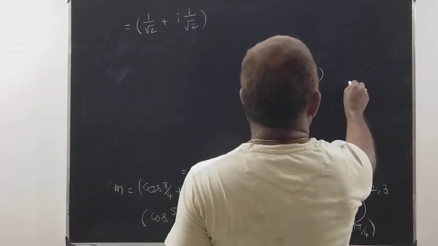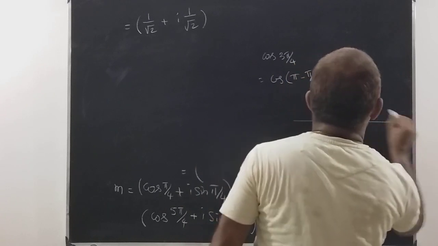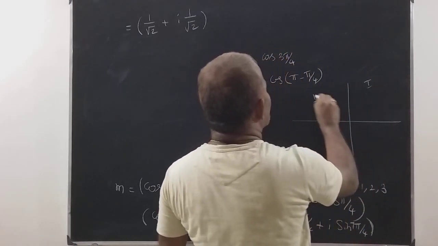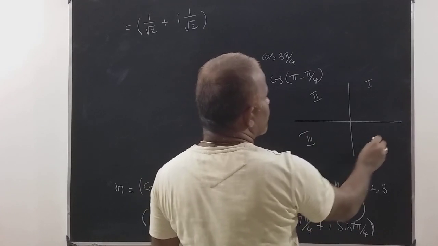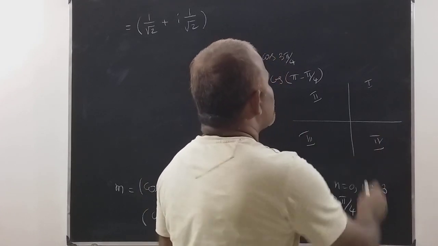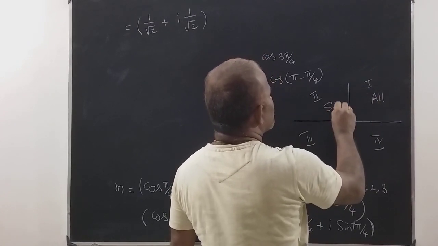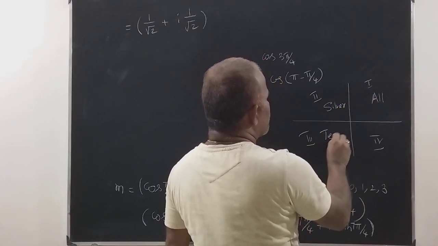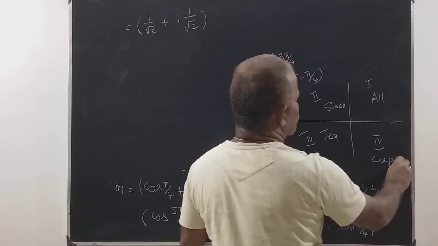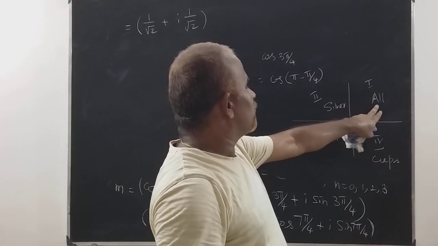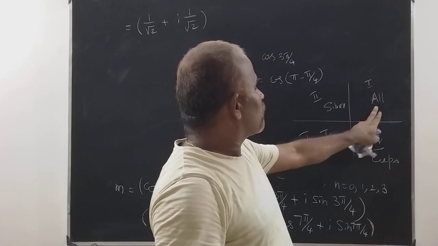Pi minus pi by 4: here is the first quadrant, second quadrant, third quadrant, and this is the fourth quadrant. All, silver, tea, cups: in the first quadrant all are positive.